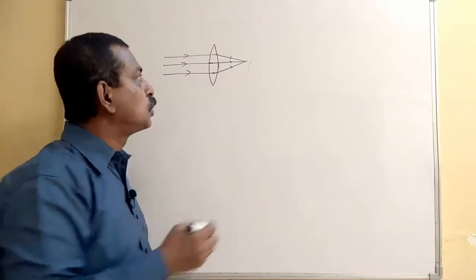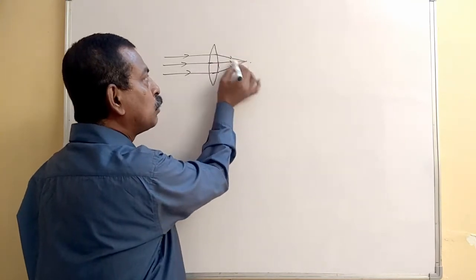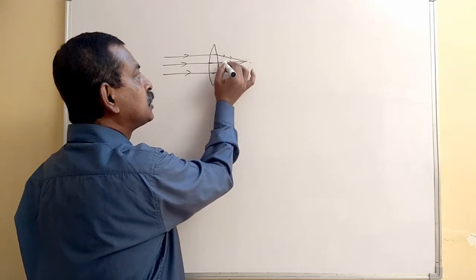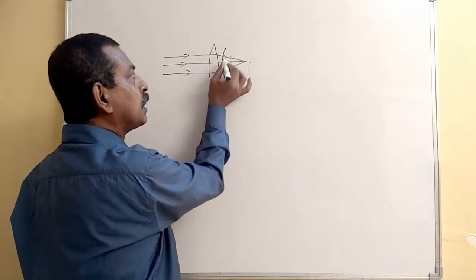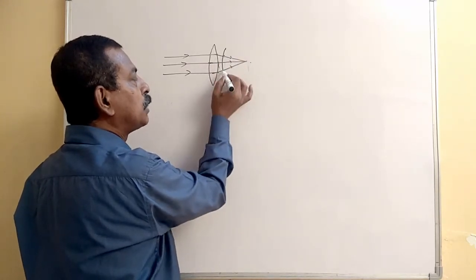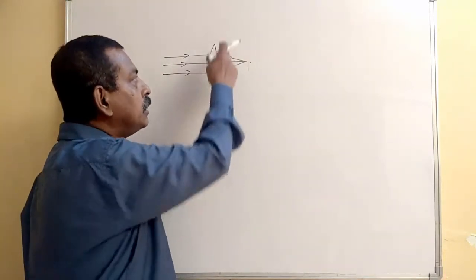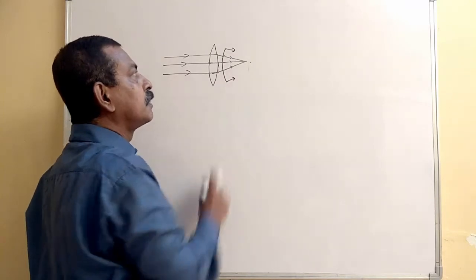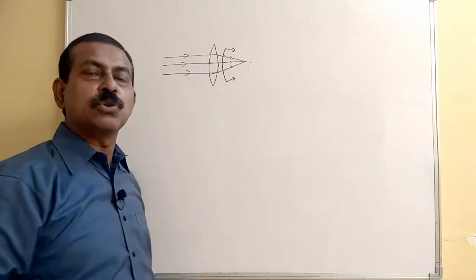So if you draw a plane which is perpendicular to all these waves, in that case, if you consider their nature, it will be something like this. Because here it will be perpendicular to this one, this will be perpendicular, this is perpendicular. That means the shape will be like a curved one. So this one will give you the wavefront when it is coming out of this convex lens.